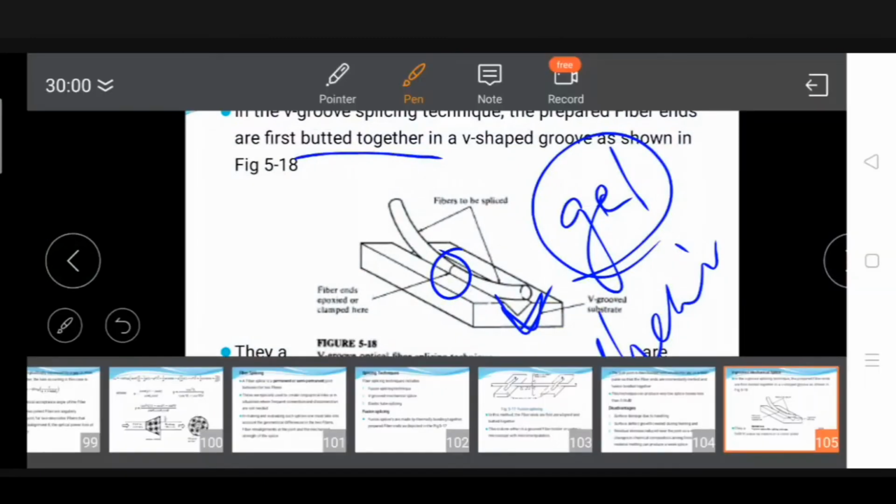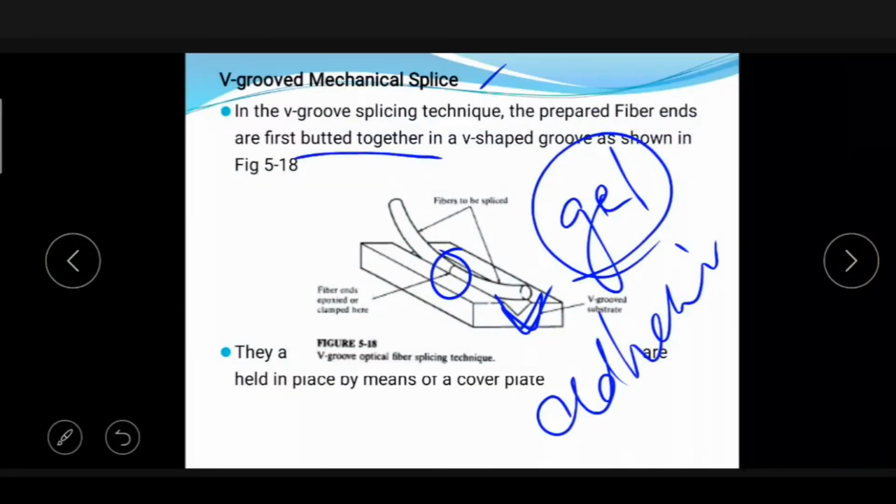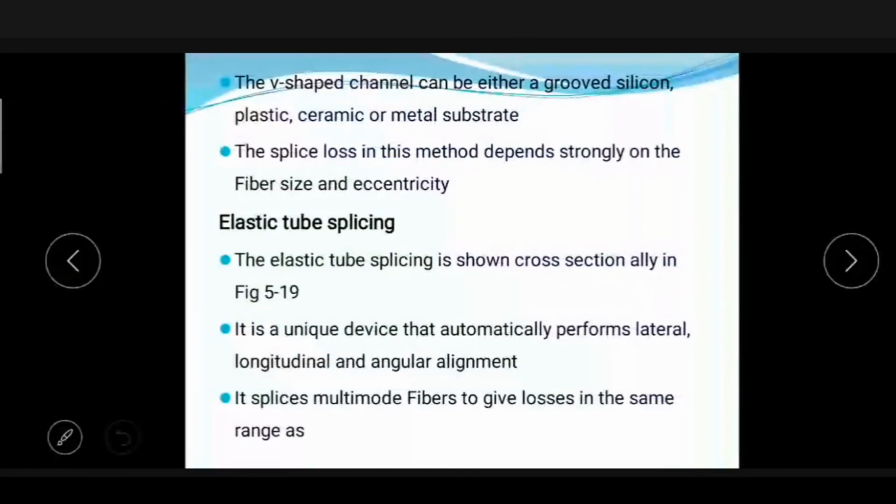So they are held by means of a cover plate. This is a V-grooved substrate on which we have two fibers, fiber 1 and fiber 2. They are joined, and the fiber end faces are epoxied or clamped using an adhesive. So they are placed in a grooved silicon, plastic, ceramic or metal substrate. The splice loss in this method depends strongly on the fiber size and eccentricity.